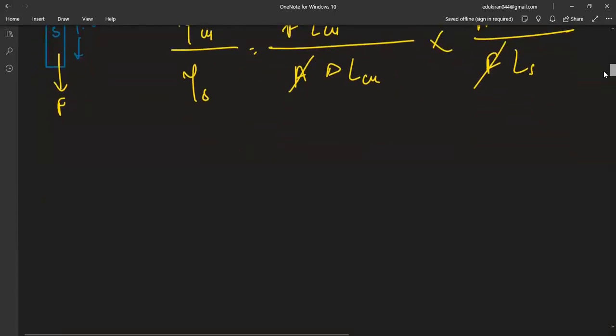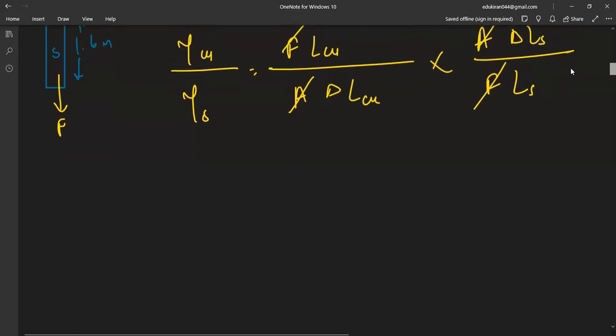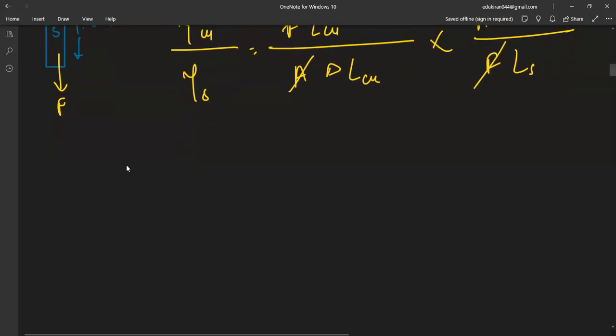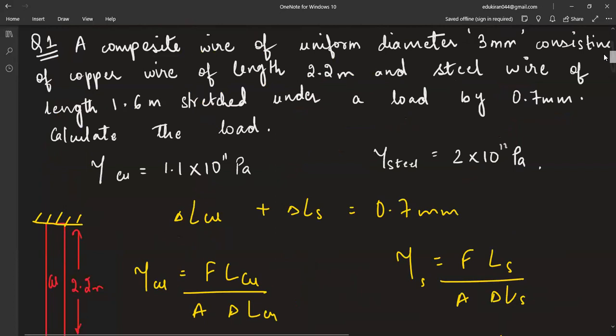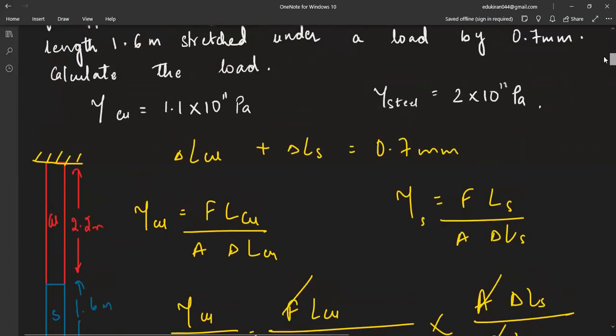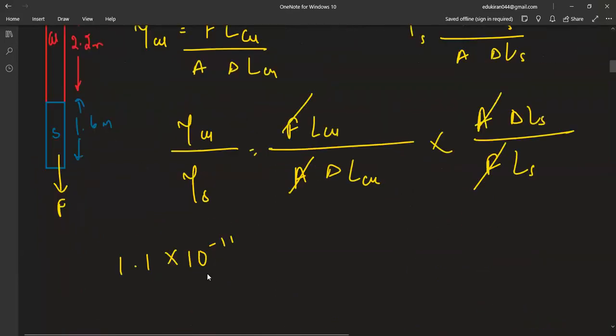Now put in the values. Young's modulus of copper is given as 1.1 into 10 to the power 11. Steel's is 2 into 10 to the power 11.